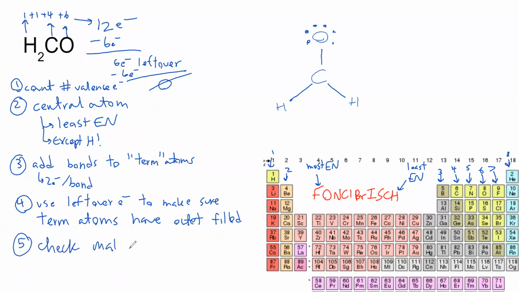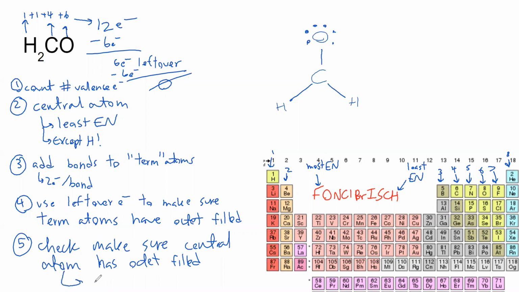Check to make sure that the central atom has its octet filled. Right now we see carbon only has 1, 2, 3, 4, 5, 6 electrons. That's not going to cut it. Carbon wants its octet filled.